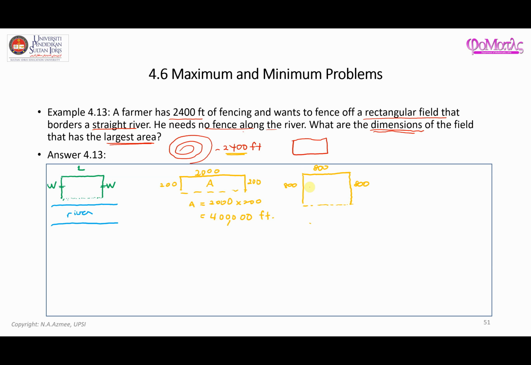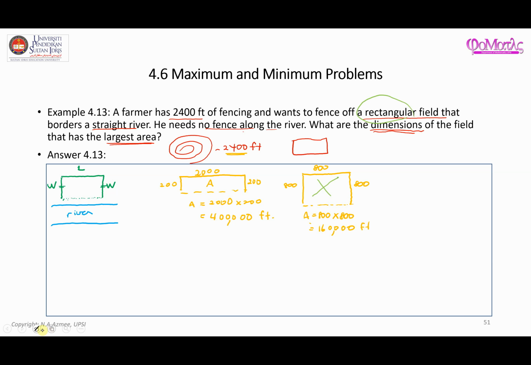But you can see, if you do this, you will get that the area is going to be 800 times 800. So 8 times 8 is 16, with 2 zeros and another 2 zeros, so the area is 160,000 square feet. So this is a smaller area compared to the previous one. Maybe this is not considered rectangular actually, so this shouldn't be considered in our discussion, because if you consider this dimension, this has become a square area rather than a rectangular area.